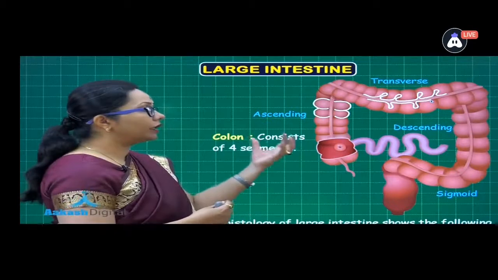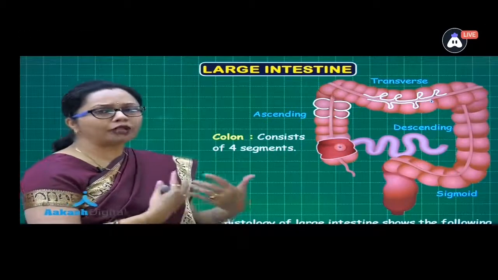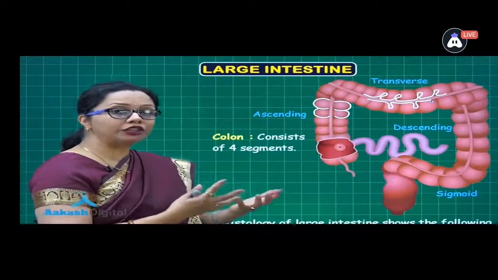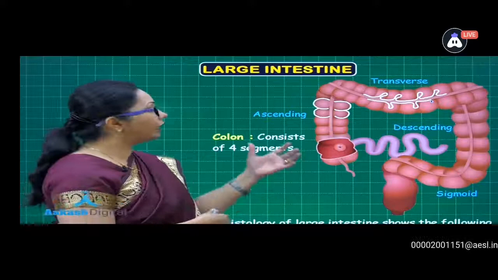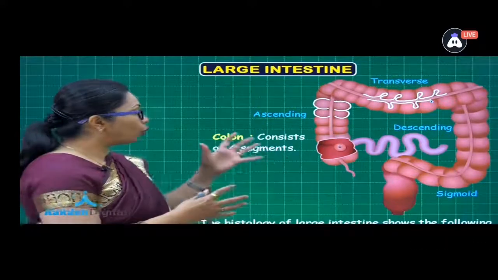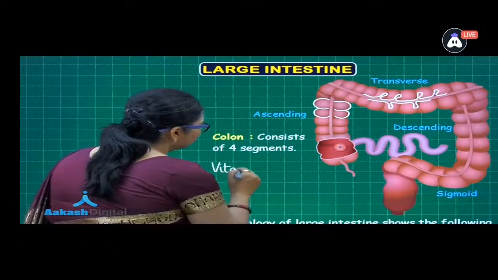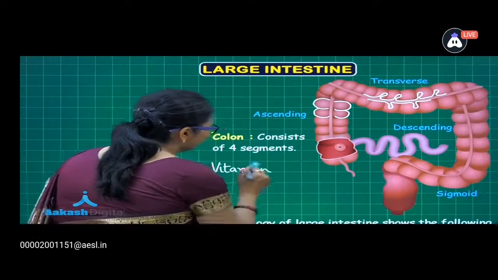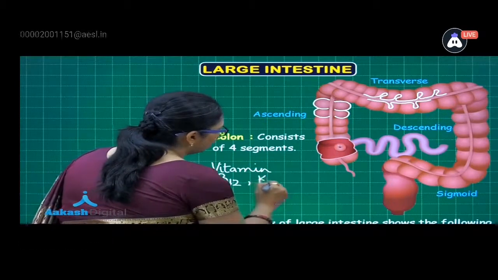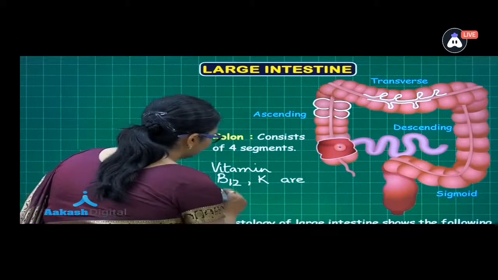And some of these bacteria are commensals, that means because of them we don't have any benefit or loss, but there are some of them which are symbiotic for us, and they are secreting vitamin B12 and K. So vitamin B12 and K are produced by these symbiotic bacteria.